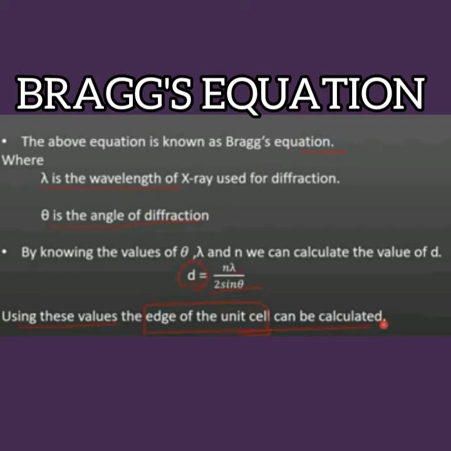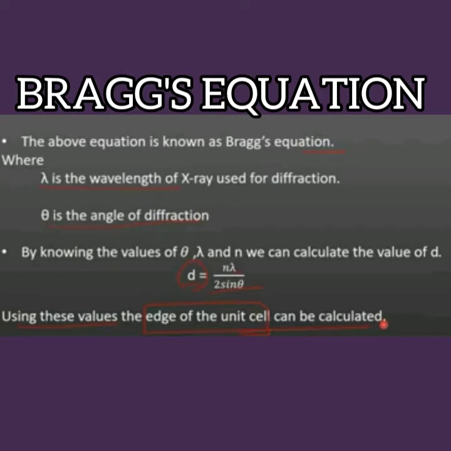This equation is called Bragg's equation, or we can say 2d sin theta equal to n lambda. Here n represents the order of reflection, whether the reflection takes place in the first plane or second plane, that is the order equal to 1, 2, 3, etc.